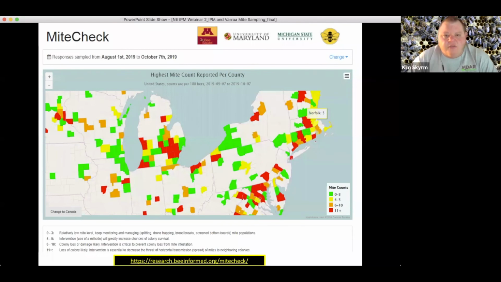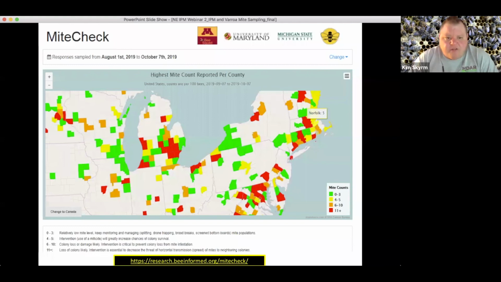You can also leave a voice note on your phone, or if you don't have a device in the apiary, you can take a Sharpie and write it on the lid of the hive. If you've got an aluminum or metal lid, you can wash that off later with some alcohol and just keep them for the whole season, date it, and put the number that you got.